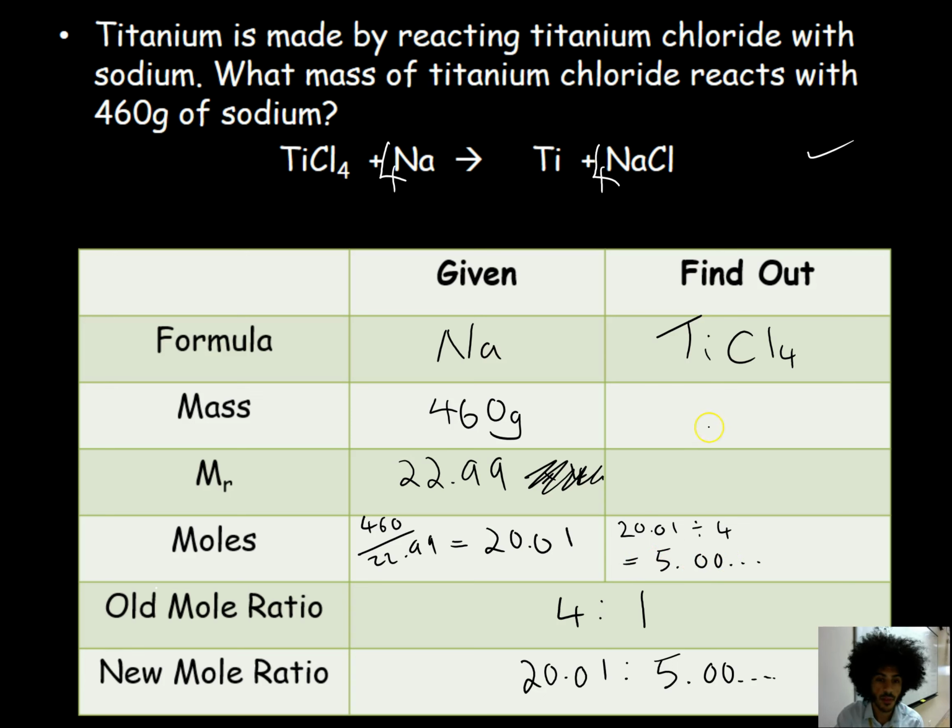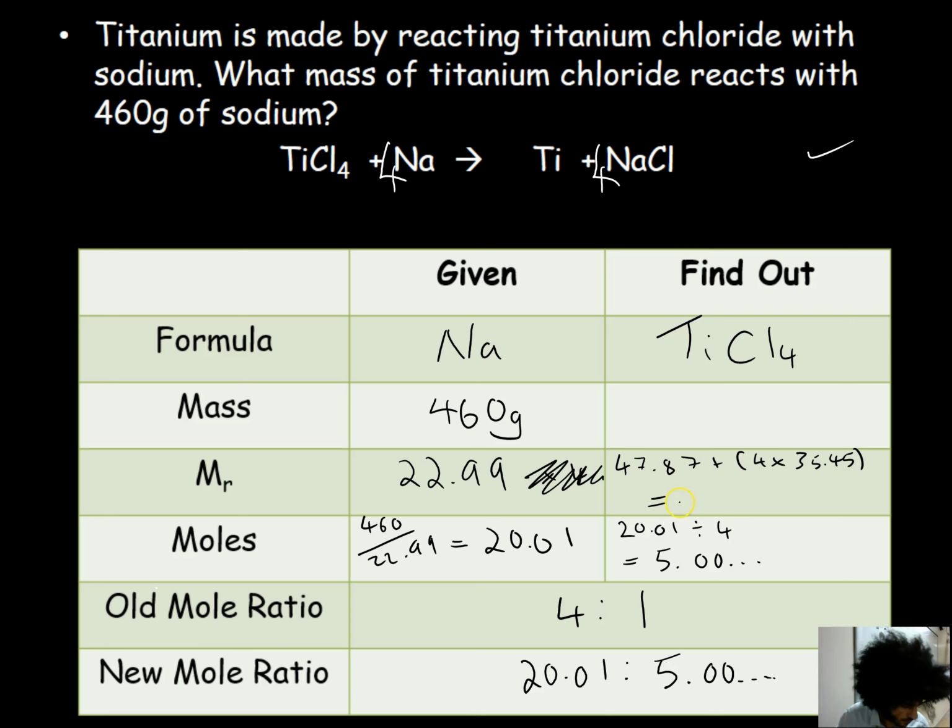So now I need to work out my mass. For my mass, I'm multiplying these two numbers together, but I need the Mr for titanium chloride. Titanium is 47.87, and to that I'm adding 4 lots of chlorine, which is 35.45.